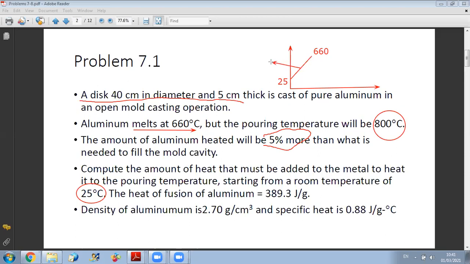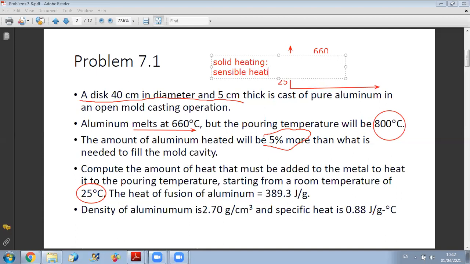And since I have one phase, my heat will be in which form? What is the form of heat in this case? Sensible or latent? If you have taken a thermo course, you know that if I have one phase and I heat, this is called sensible heating.